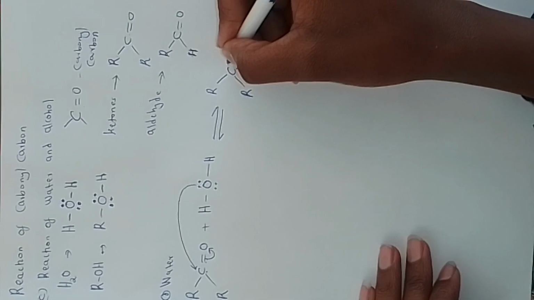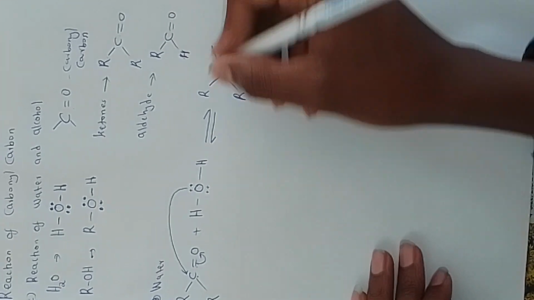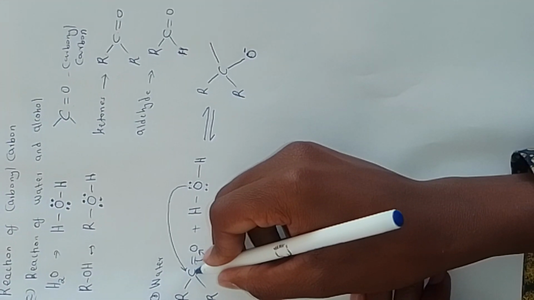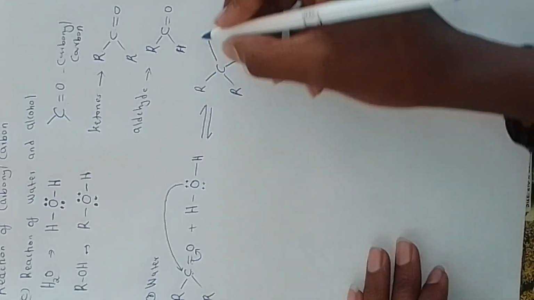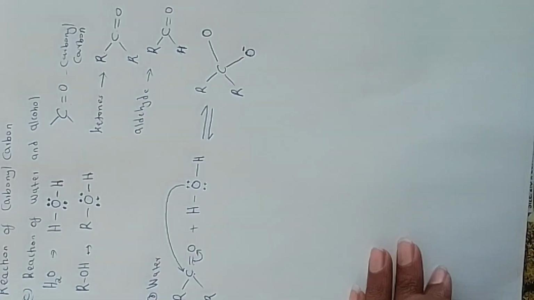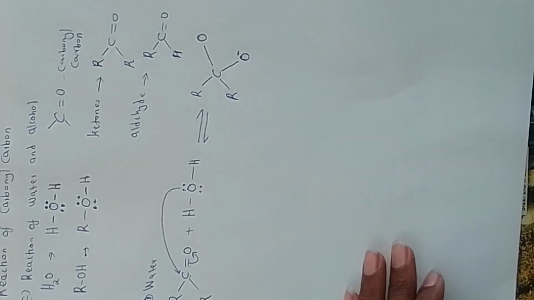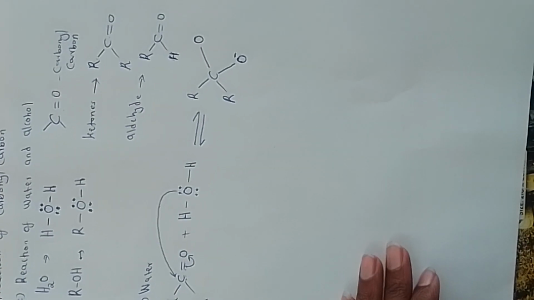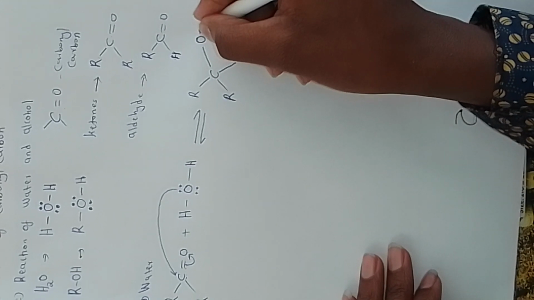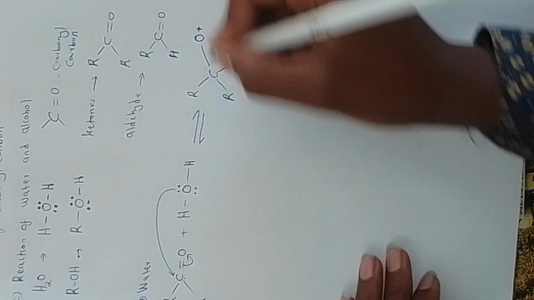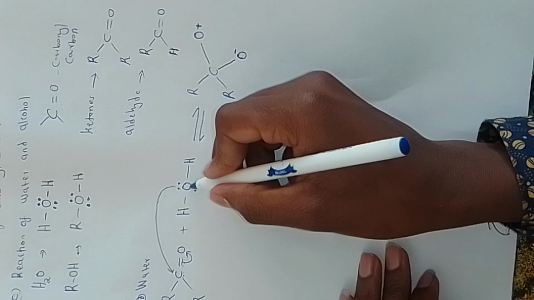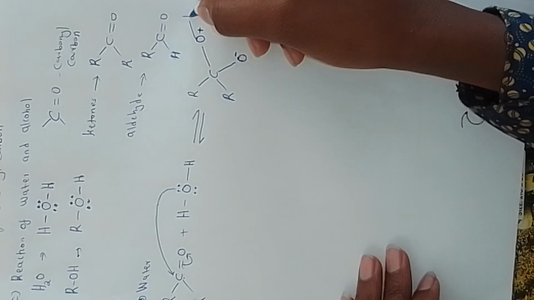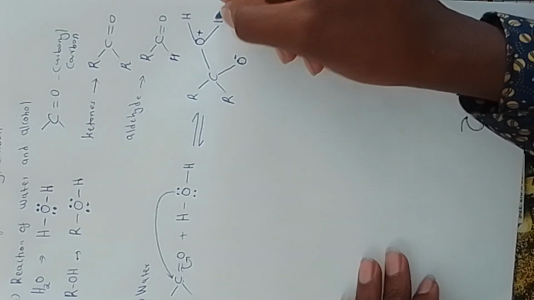and it attaches itself to this one. This carbon will bond with this oxygen using these two electrons. The two electrons which were used for breaking this will now become insufficient, and obviously this oxygen is bonded to two hydrogens.